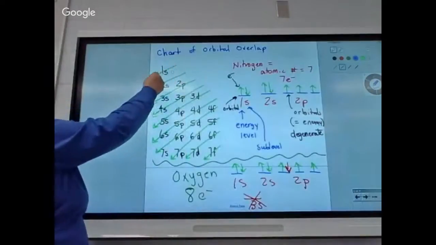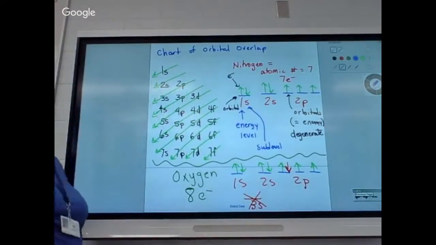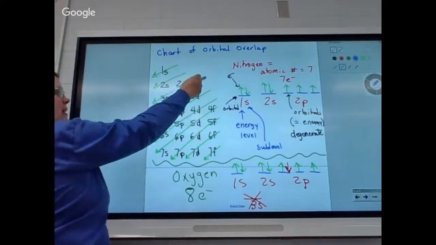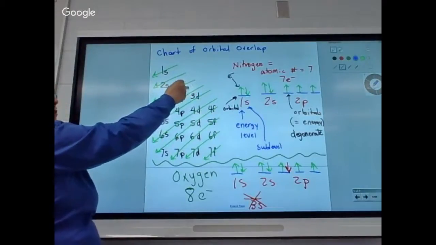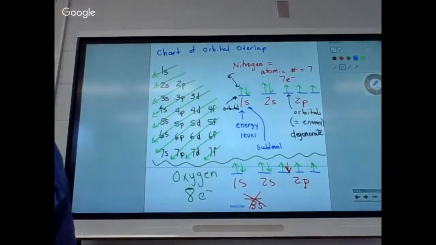So 1s is first, and then down this arrow would give us 2s next. After 2s, the next thing we would get is 2p, and then next would be 3s. So we're reading it in that order in the chart. So this is talking about the location of the electron. Yes, this is the order they appear in an atom.